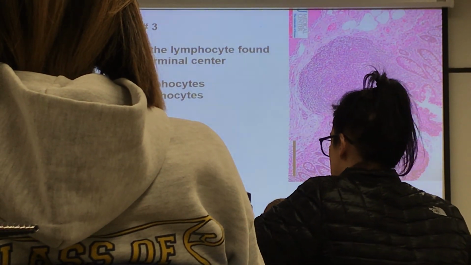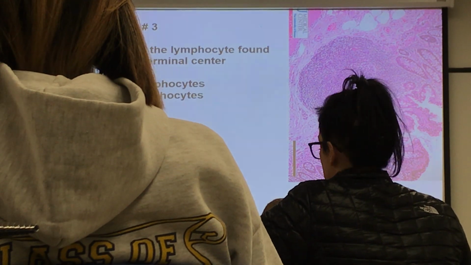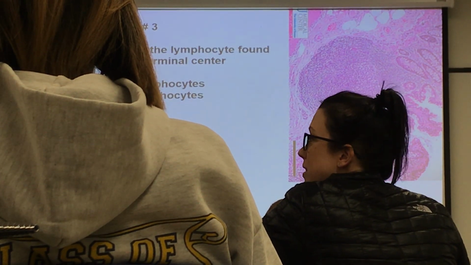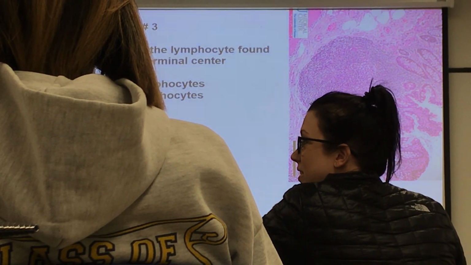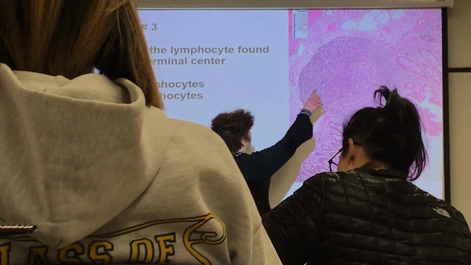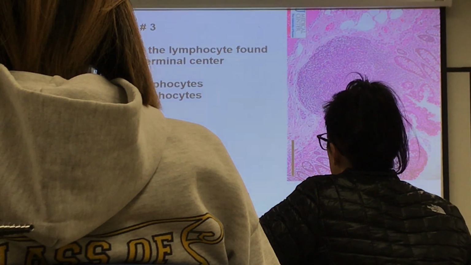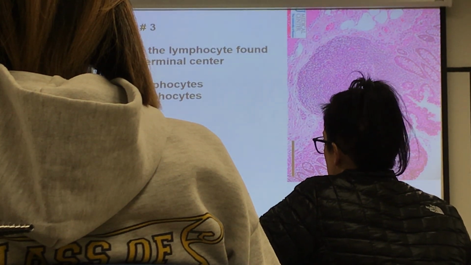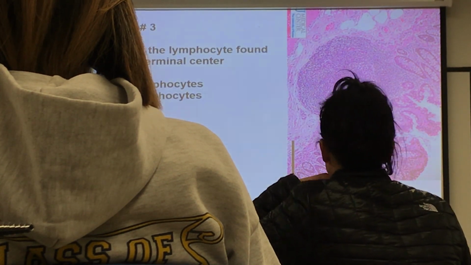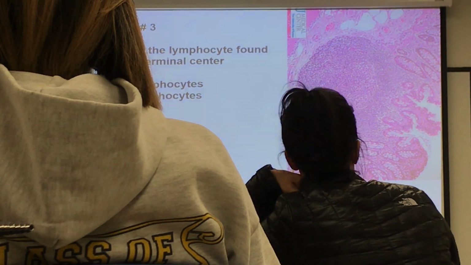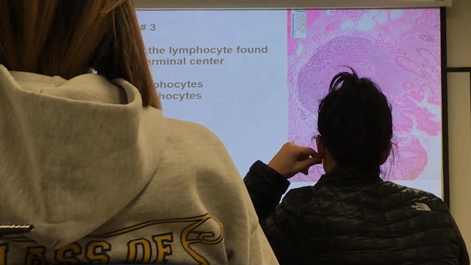You can probably see that light region easier towards the back of the room. It's closed up, but if you can't see it, it's this area right here. That would be the germinal center. Okay? If you can't figure out the answer, it's on the board. B, I mean, B lymphatic. So A.